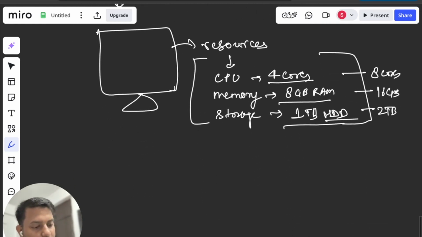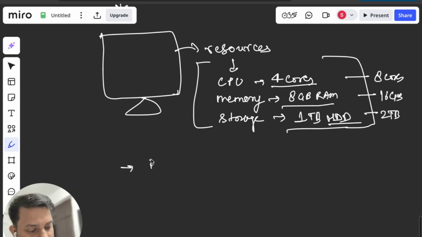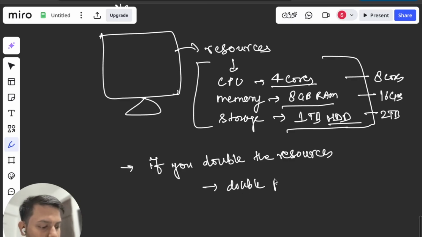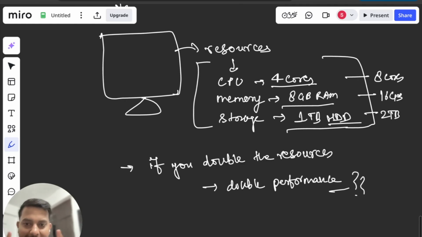So what happens if you double the resources? You might be thinking that your performance should also double, right? You expect double performance, right? But here the catch is that this is not going to happen.